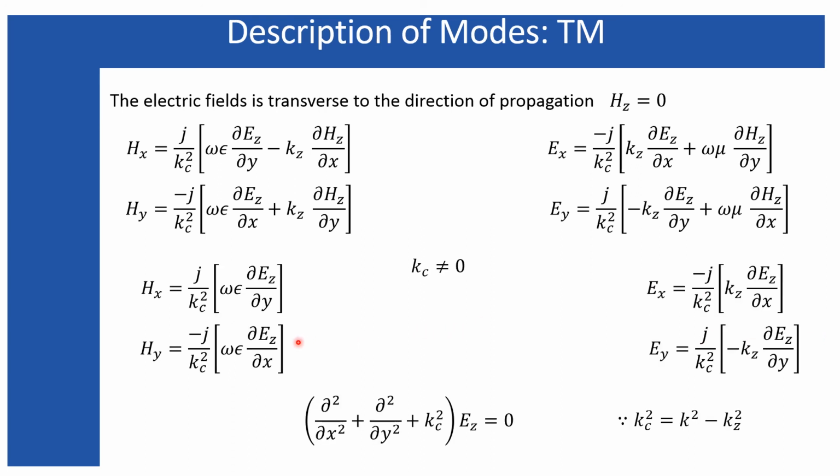Here also Kc is not equal to 0, and you can easily figure out this Ez over here, because all of these components are right now written in terms of Ez, so finding the solution for Ez will automatically find the solution for all other components.